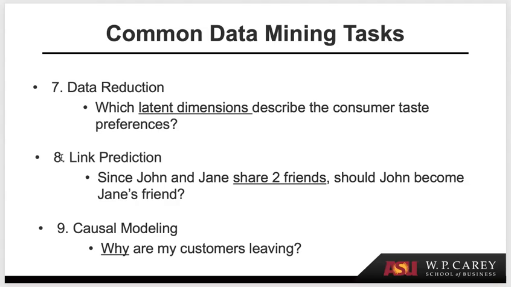So that's link prediction. Why is it called link prediction? Because the model is predicting the probability a link should exist for a given pair of nodes, in this case, a pair of people, John and Jane. So there's a specific name for this type of prediction task: predicting the presence of an edge or a link in a network.